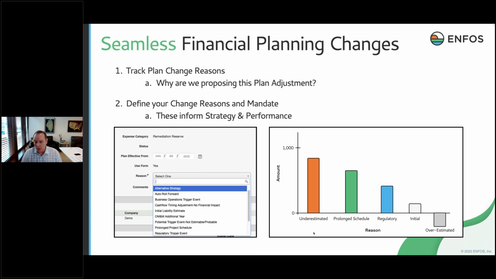In my example here, we had underestimated cost, we had prolonged schedule, we had regulatory triggers, we had some new liabilities come into play, right? Initial liabilities, projects that we didn't know about last year or last quarter. And guess what? We even overestimated some of our forecasts, so we actually took some reductions as well.